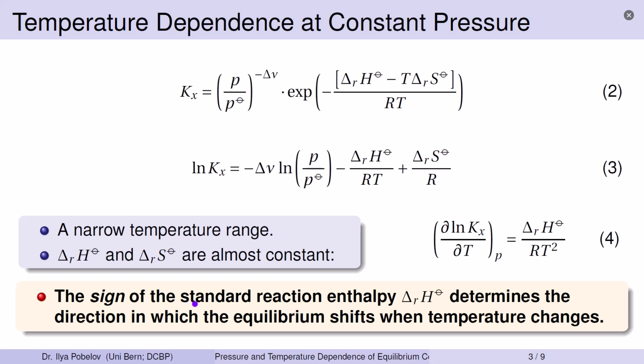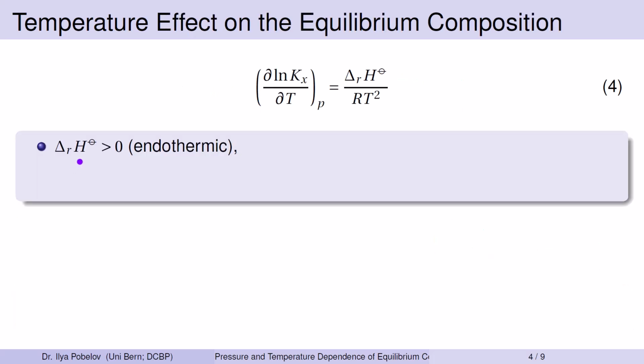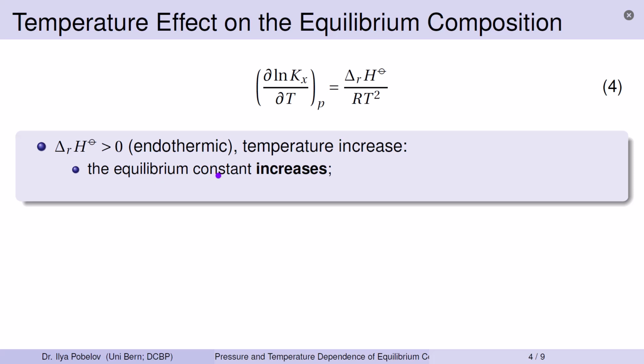This equation indicates that the sign of the standard reaction enthalpy determines the direction in which the equilibrium shifts when temperature changes. If the standard reaction enthalpy is positive, indicating an endothermic reaction, an increase in temperature causes the equilibrium constant to increase. This means there are more products in the reaction mixture in equilibrium.